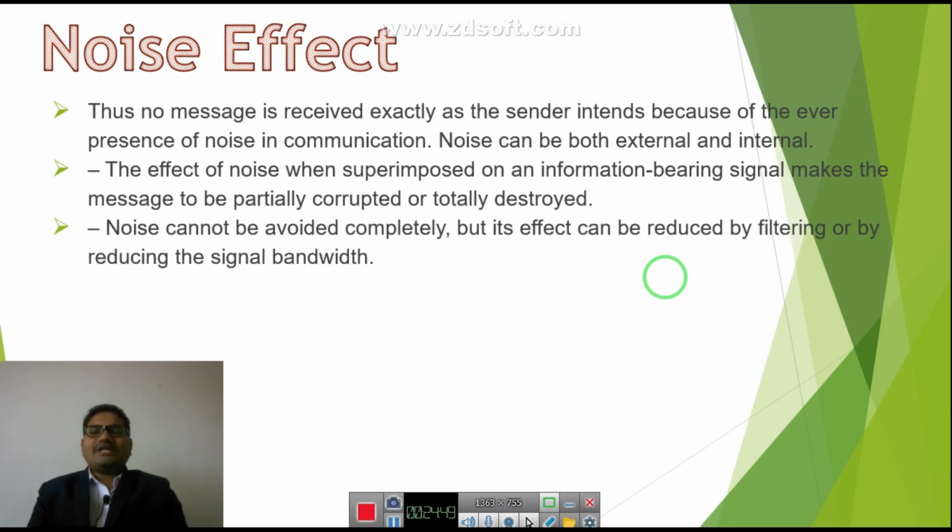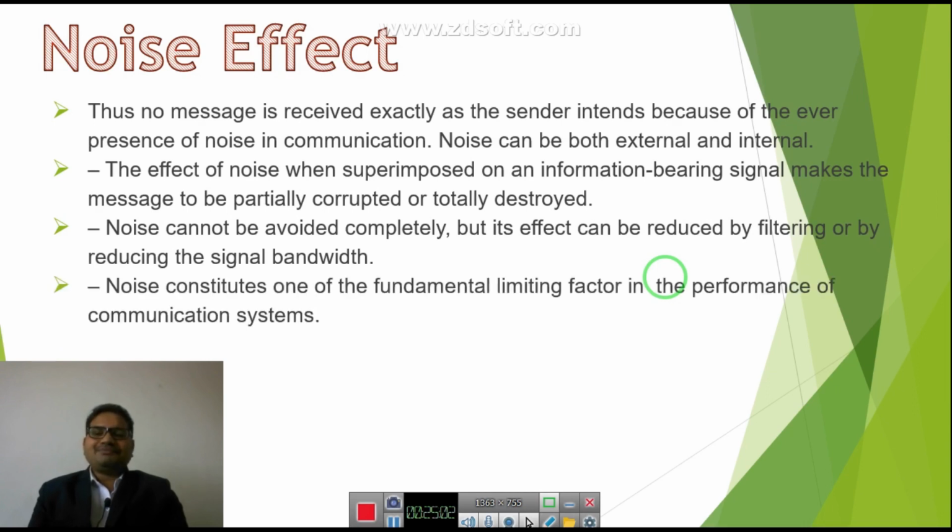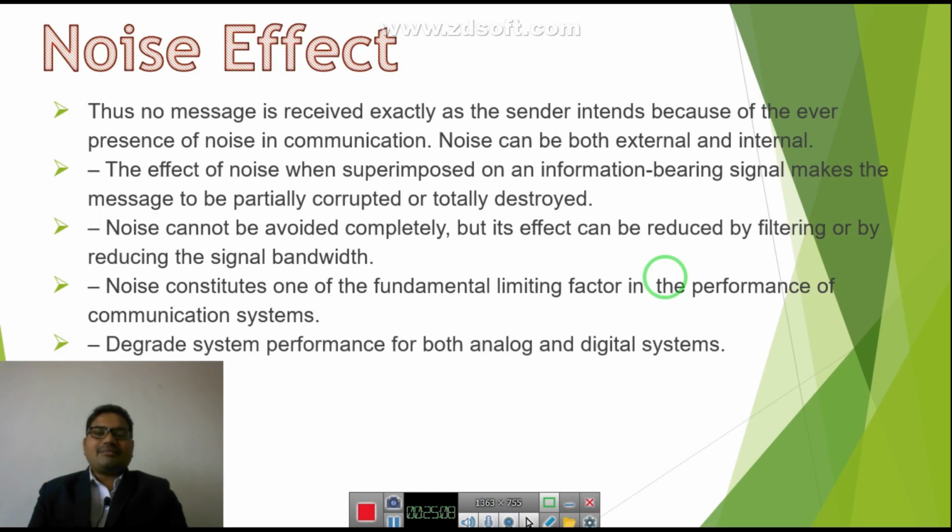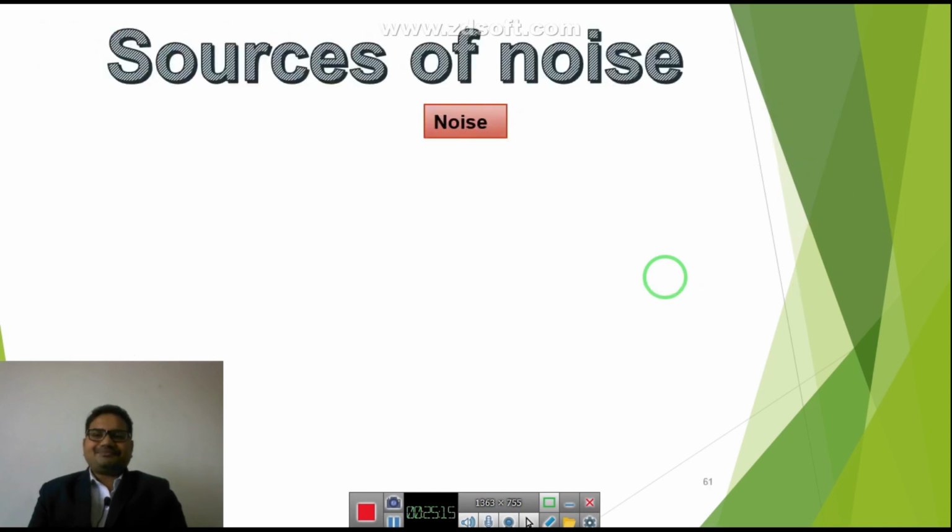Next, noise cannot be avoided completely, but its effect can be reduced by filtering or reducing the signal bandwidth. Noise constitutes one of the fundamental limiting factors in the performance of a communication system, and it degrades the system performance for both analog and digital systems.